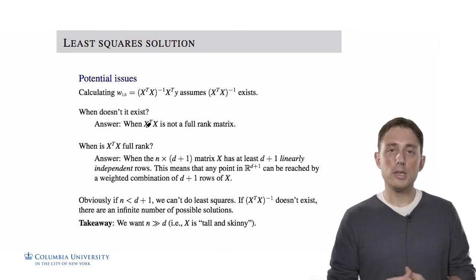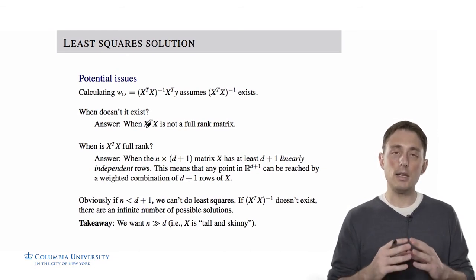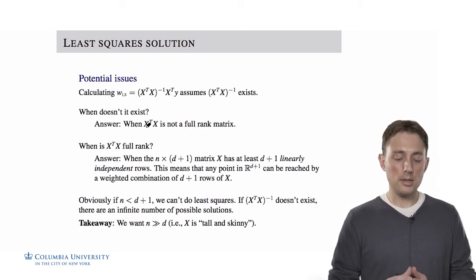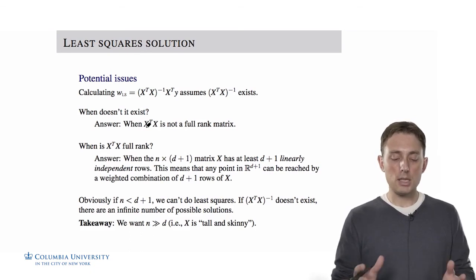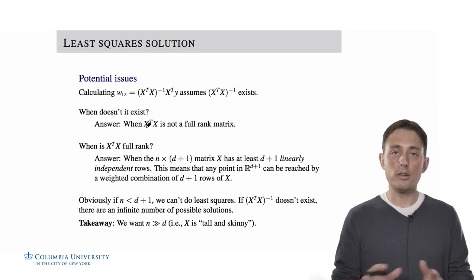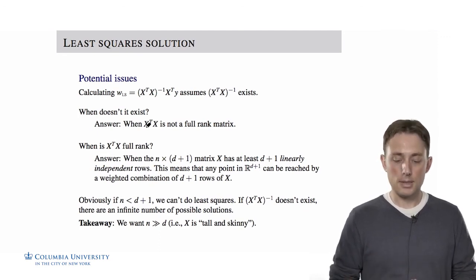We'll return to this later, but obviously we can immediately say that if the number of data points is smaller than the dimensionality of the problem plus 1, then we can't do least squares, because it's not possible to find d plus 1 linearly independent rows of X, because there aren't that many rows of X in this case.